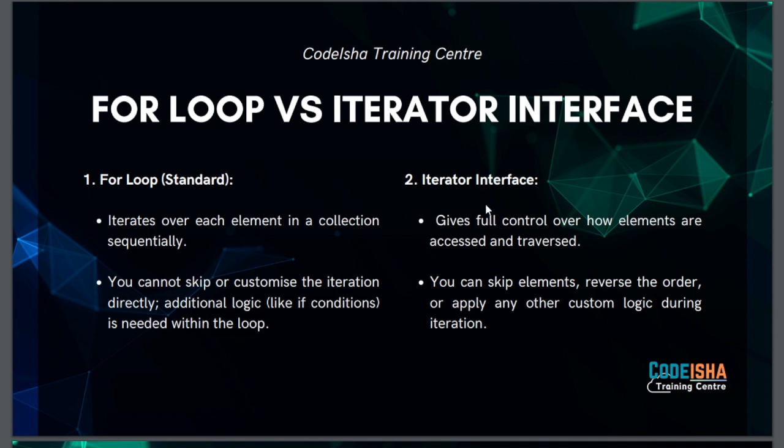The Iterator interface gives full control over how elements are accessed and traversed. In this interface, we can skip elements, reverse order, or apply any other custom logic during the iteration. If we need anything, we can customize it in the Iterator interface, but in the for loop we cannot do that directly; we can do it some other way.